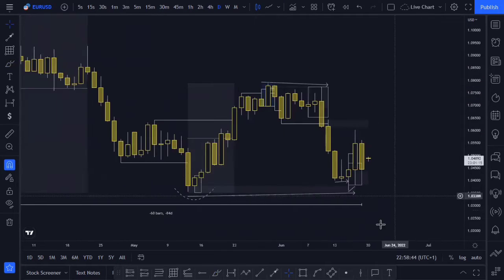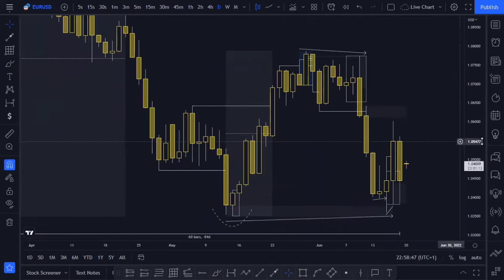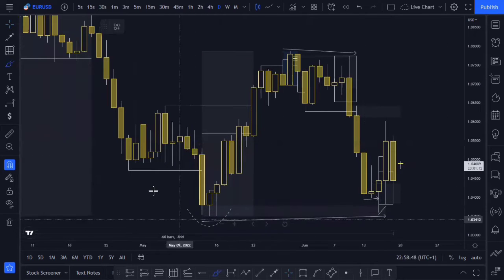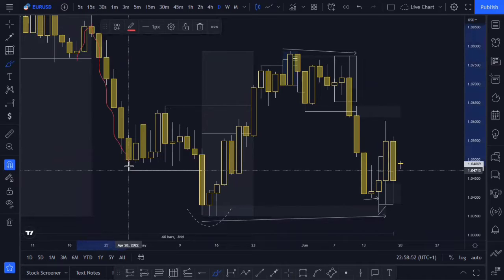Looking into structure here on Euro USD, we had this bearish structure push up here, push down, another push up here, and then push down again. Normally when we have bearish market structure, after price pushes, we expect price to pull back.